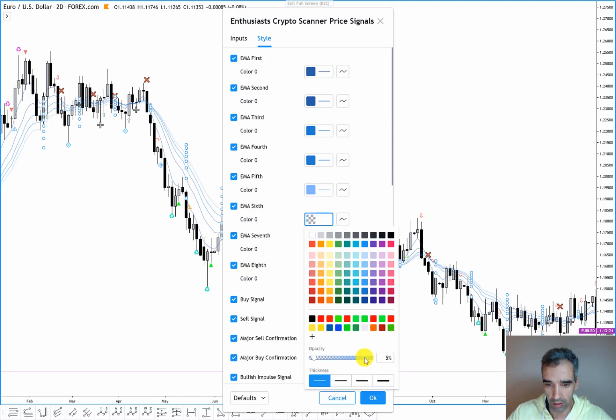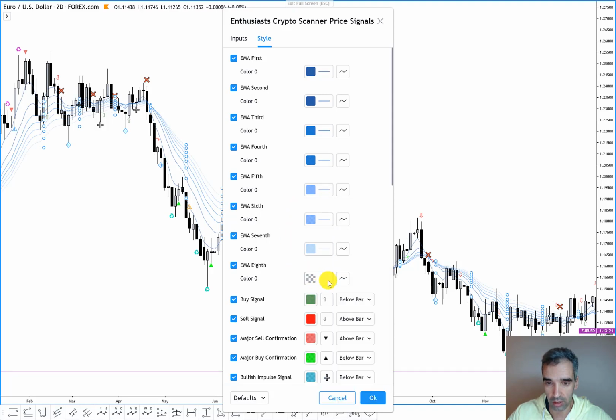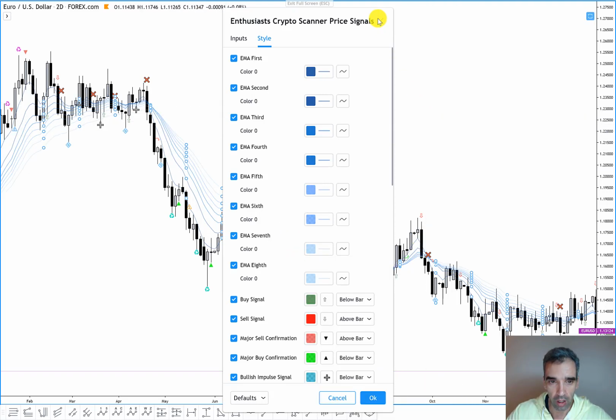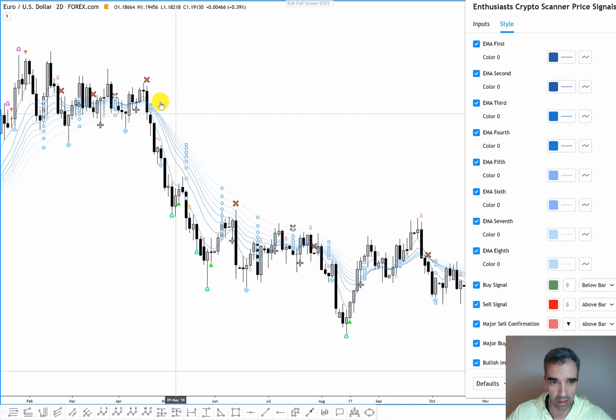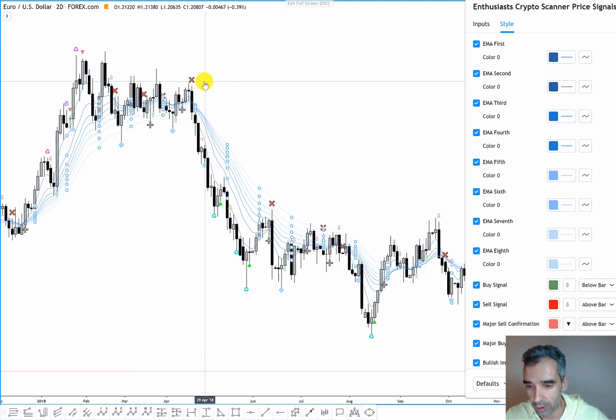Okay guys, just for the sake of the video, maybe this will become a little bit too long, but these things happen. So as you guys can see, all the crossings of these EMAs make these signals pop up. So these signals have a meaning as well.